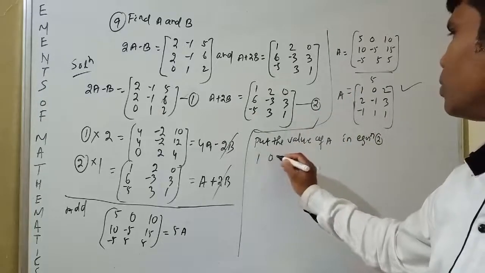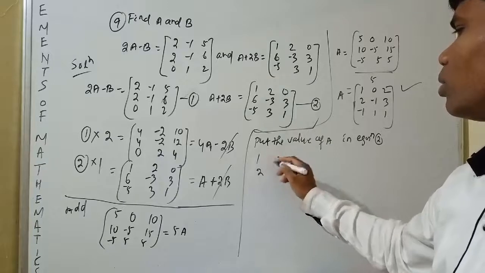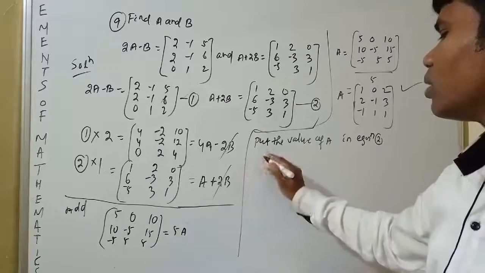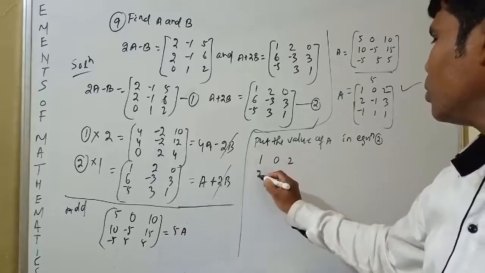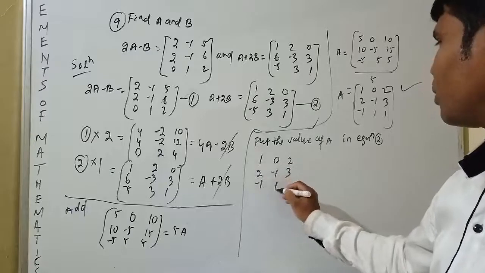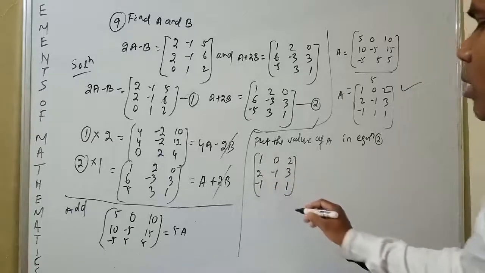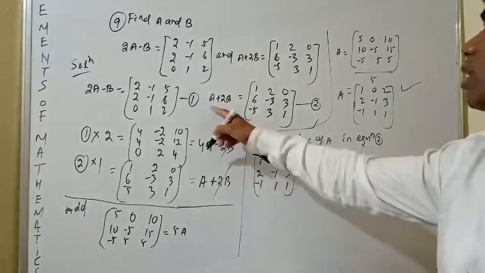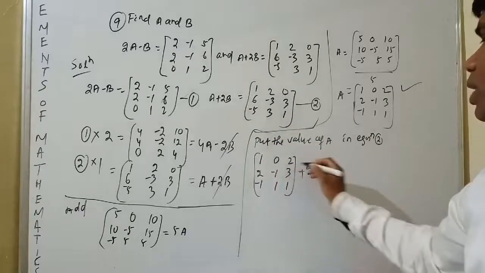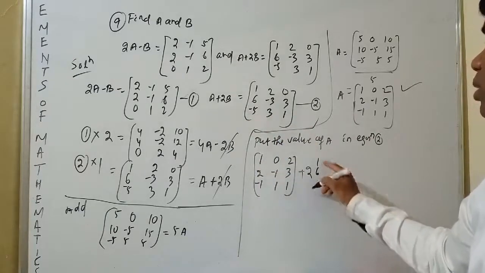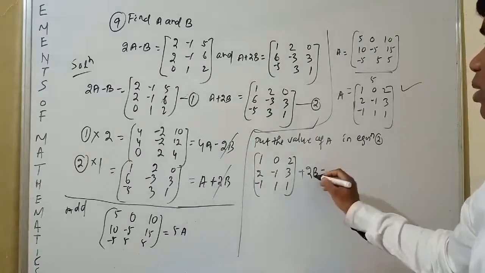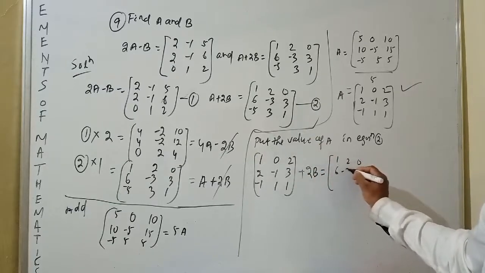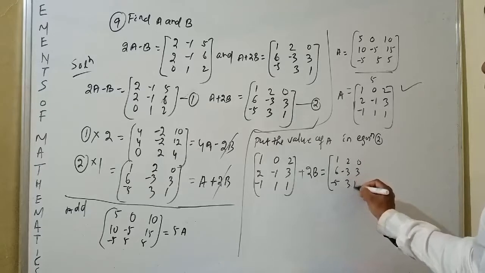A is equal to [1 0 2; 2 -1 3; -1 1 1], added with 2 into B. We don't know what B is. This is equal to [1 6 -5; 2 -3 3; 0 3 1].